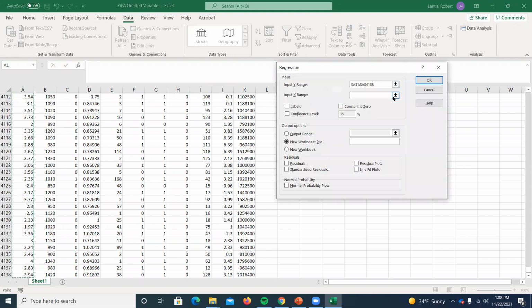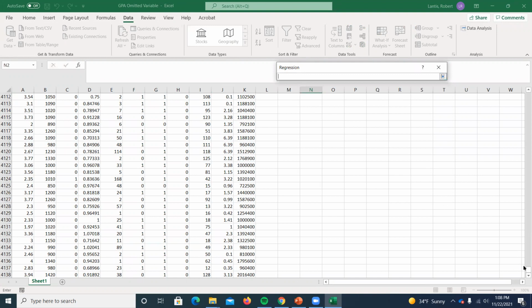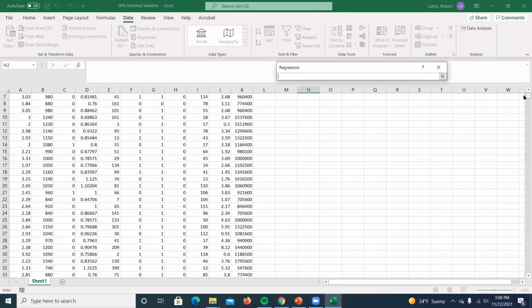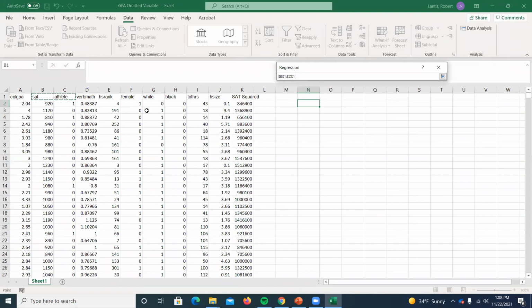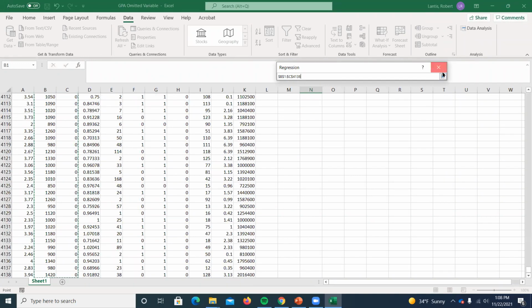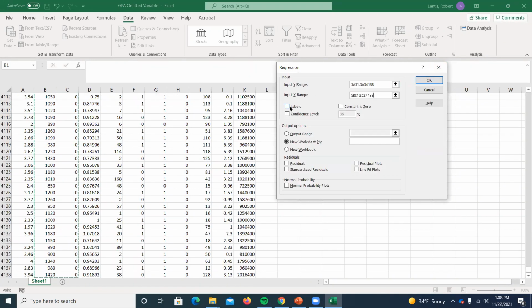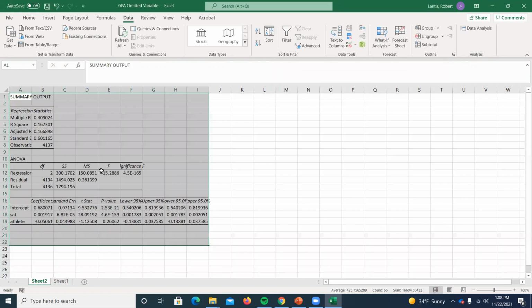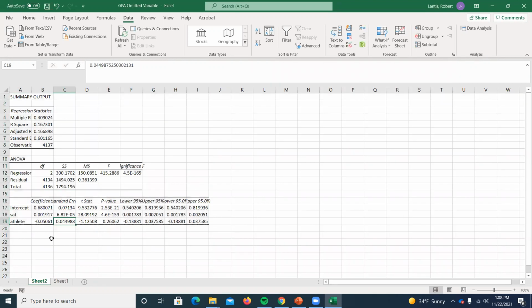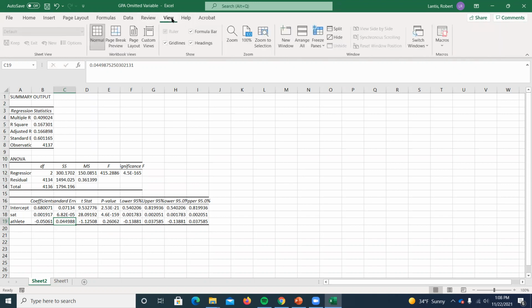And then for our X variables, SAT and being an athlete. Now I select my labels, and we get this output. The interpretation is the effect of being an athlete relative to not being an athlete. It would change predicted GPAs by negative 0.05 here.